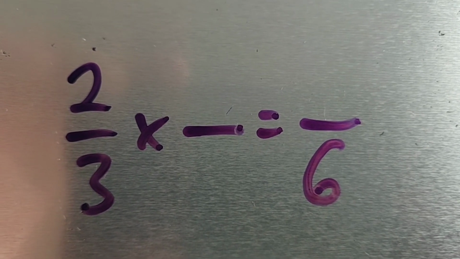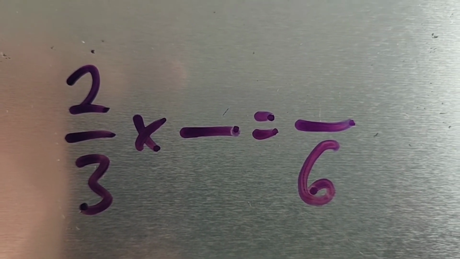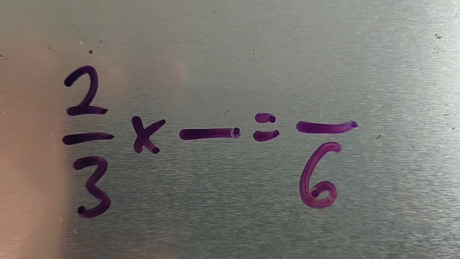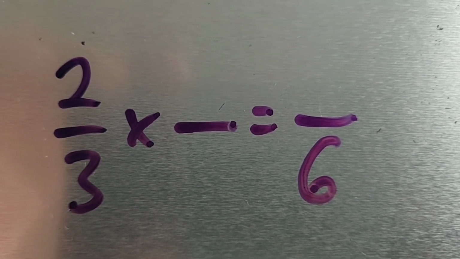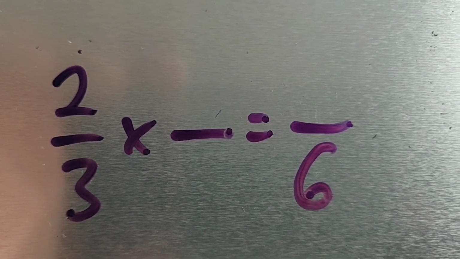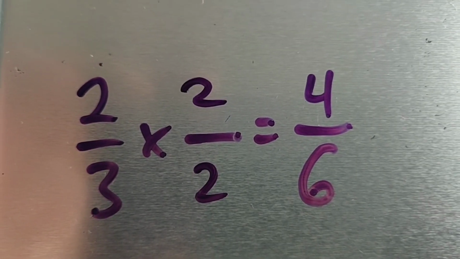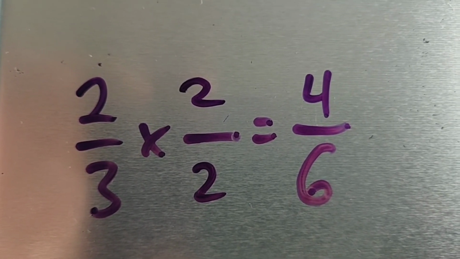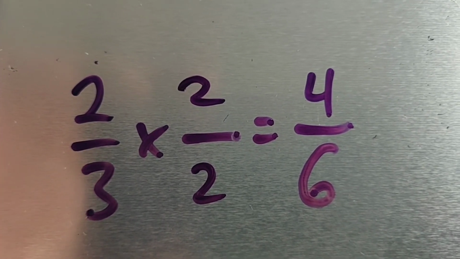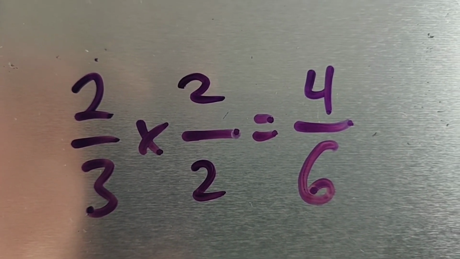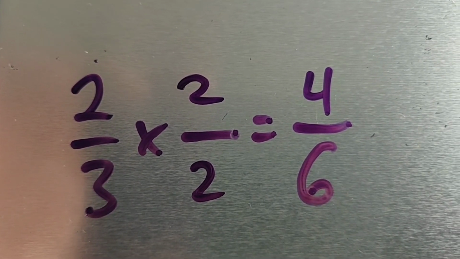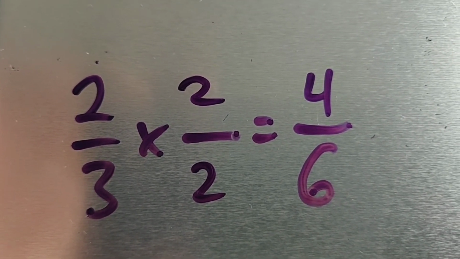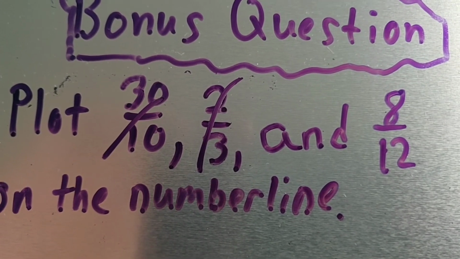So 2/3 times what fraction with the same numerator and denominator equals a fraction with a denominator of 6, which would fit neatly on our number line? And if you figured out that 2/3 is equivalent to 4/6, that's correct. So we're going to plot 2/3 next to 4/6 on the number line, because they're equivalent. They're the same thing.